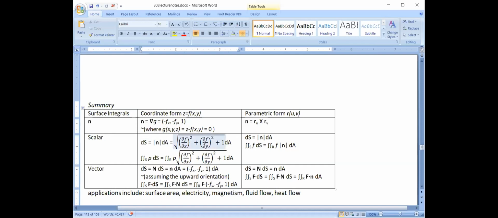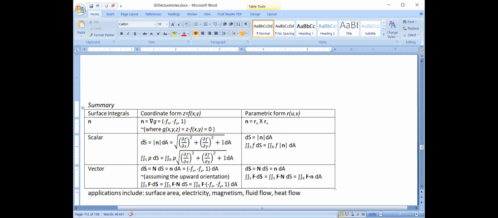Now, the special case is if you have z equals f of xy, then you know this just converts like this. But in general, it's just whatever the normal vector is, magnitude of that times dA. And if you also have a function in there, then the function is just in there as well. Okay, so that's the overview of how you do a scalar surface integral.